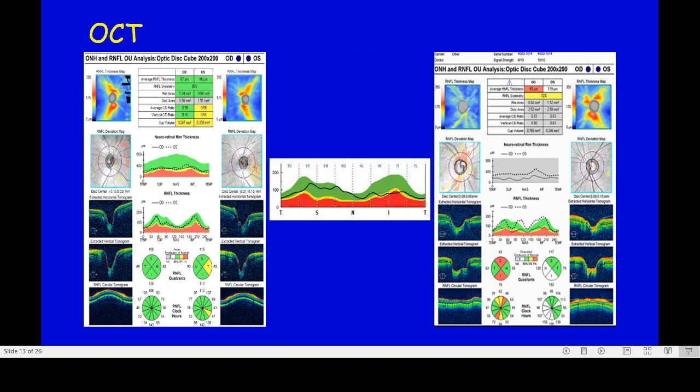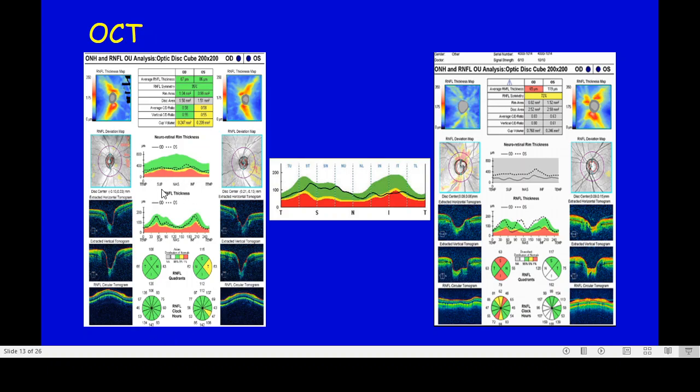Last but not the least is OCT, that is optical coherence tomography. Optical coherence tomography is a recent technique that we now very much utilize in the diagnosis of glaucoma. It maps out the optic disc and gives you actual values of the thickness of the different layers of the retina, the thickness of the nerve fiber layer and other layers also.